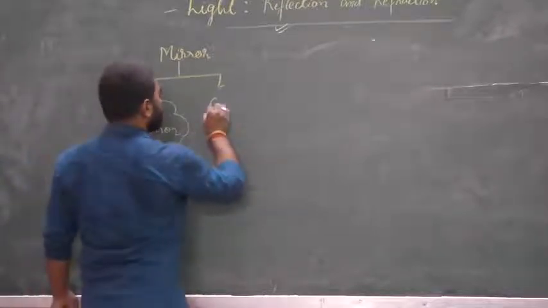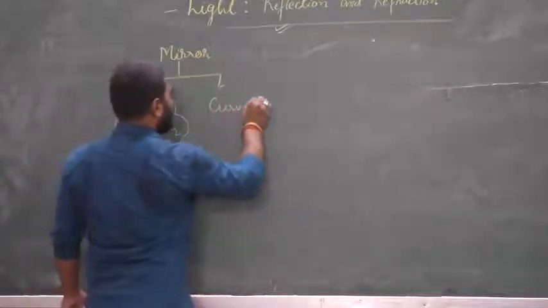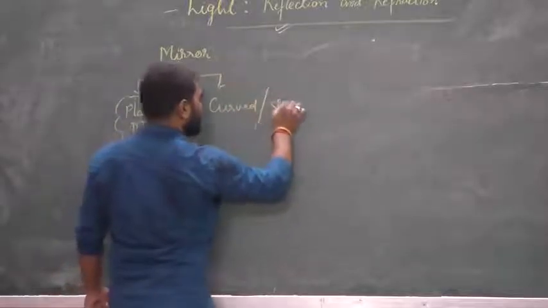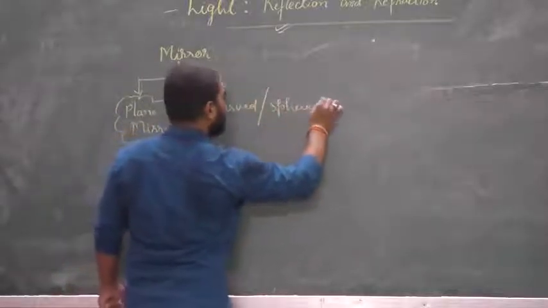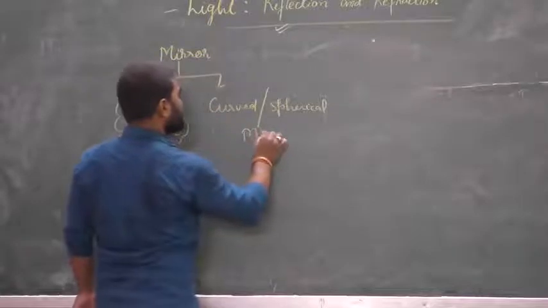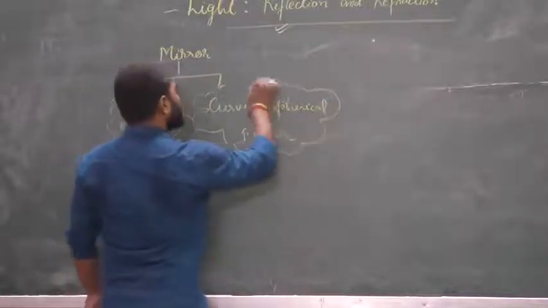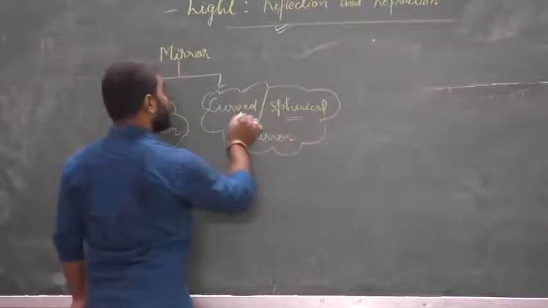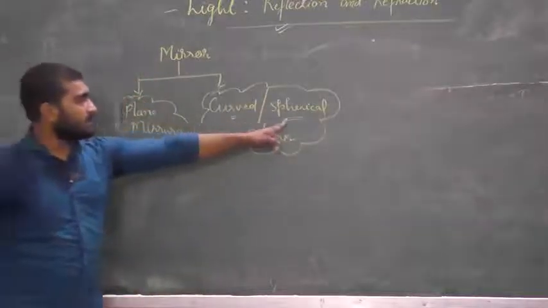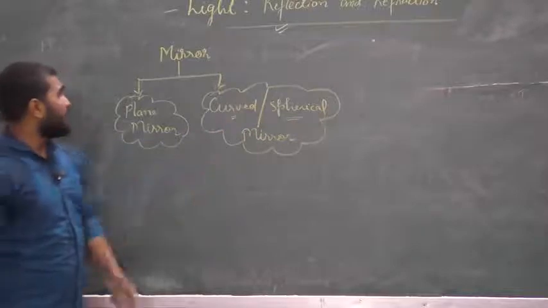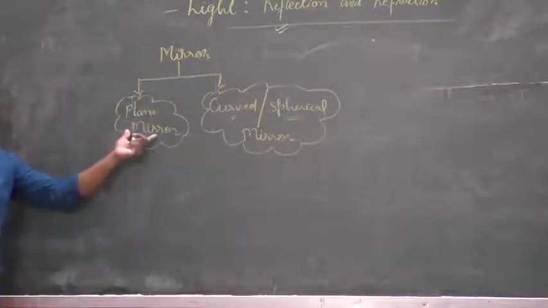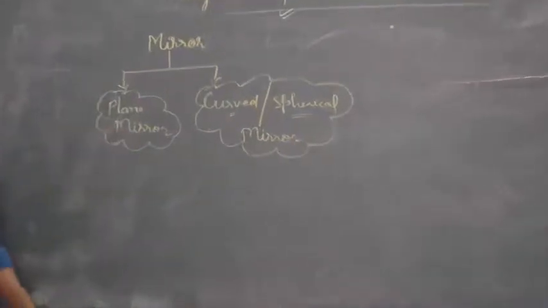Next one is the curved or spherical mirror. It is a type of mirror whose reflecting surface is spherical or curved, called a spherical mirror, and the mirror whose reflecting surface is plane is called a plane mirror.